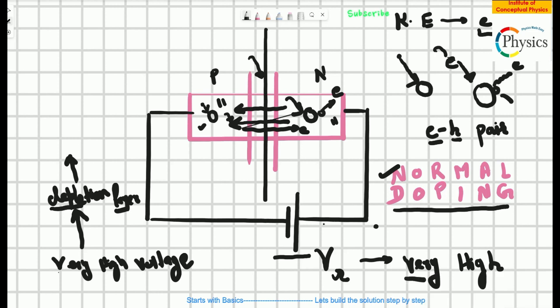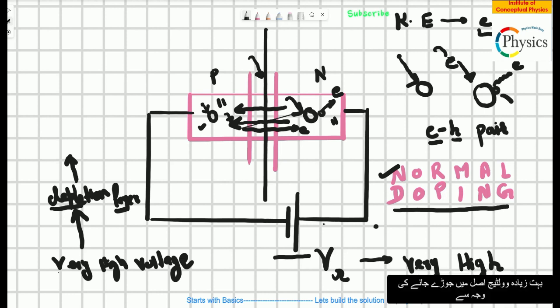But that electric field is not stripping off the electrons from the ions at that point of time. It is not that high as compared to what it was in the heavily doped situation. In the normal doping, the action is happening on the left and right hand side, so a very high voltage coupled with a depletion layer which is wide results in what?